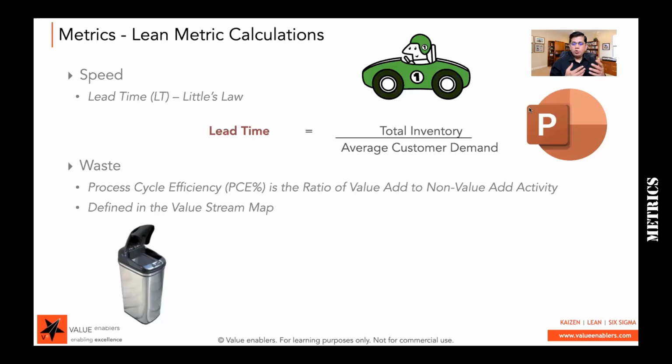And I would ask you, okay, for this product, what is the average customer order? And with that, the lead time multiplied by average customer order would be the total average inventory that would be staying inside your plant.